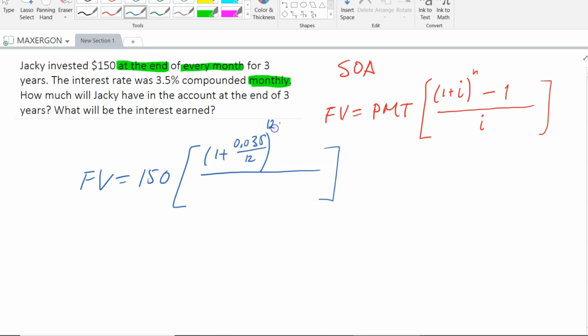Total number of periods is 12 times 3 because there are 12 times the rate compounds per year and there are 3 years, minus 1, and we divide again by 0.035 divided by 12.